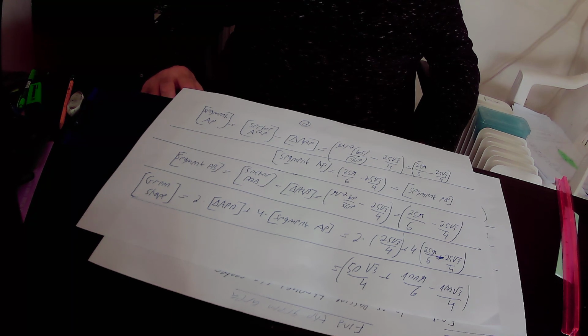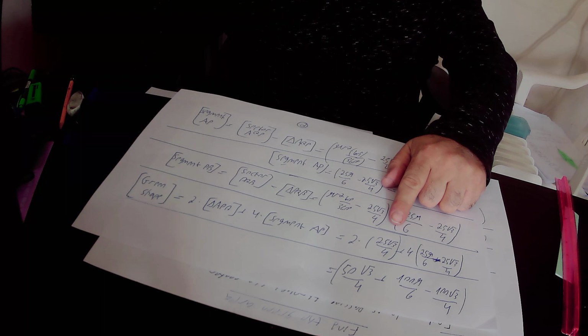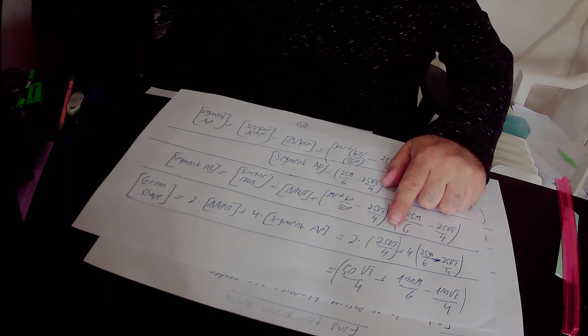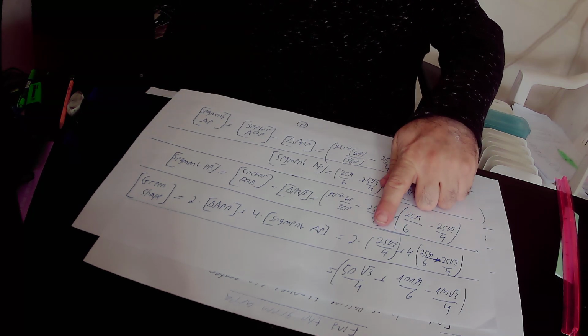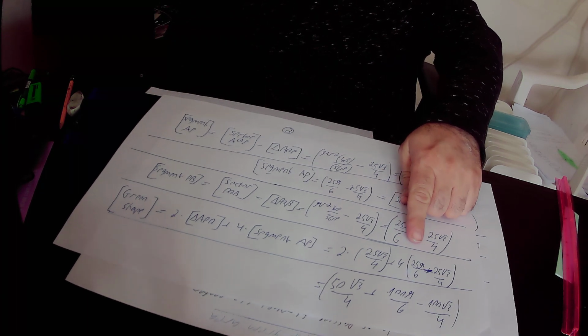And here, the area of triangle APQ is 25 times square root of 3 over 4. So we will multiply it by 2, plus 4 times the area of segment AP.